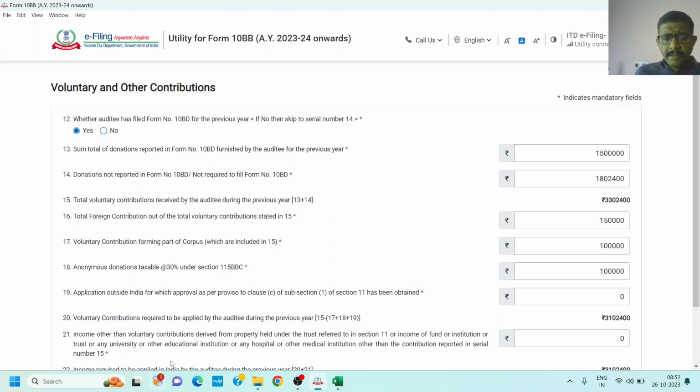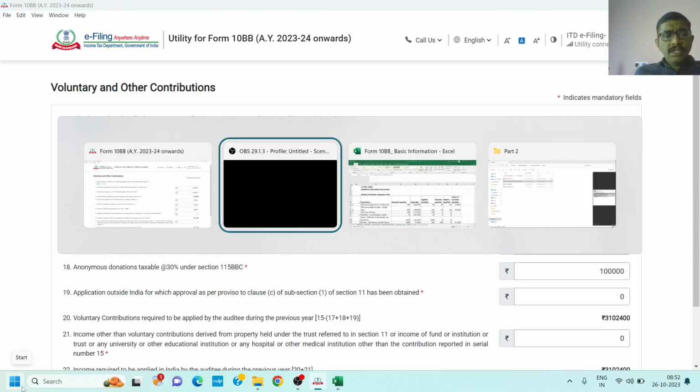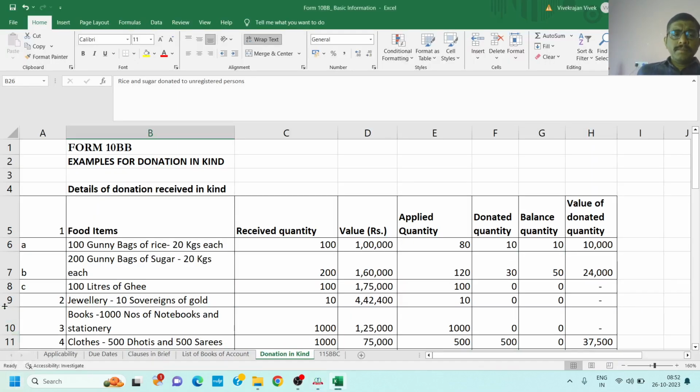So I have given an example which captures all the donations in kind in a manner so that every valuation aspect is captured here, and there are implications of donations made out of donations received.